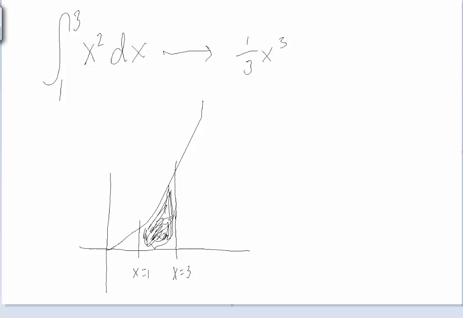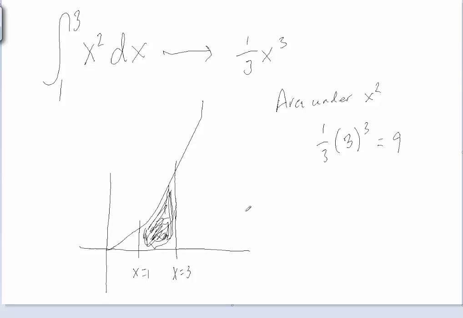So in general, before we thought, okay, well, the area under the curve x squared is the antiderivative, so 1/3 x cubed, and we looked at it between 0 and 3. So if x was 3, the area under the curve of x squared was going to be 1/3 x cubed, or 9.